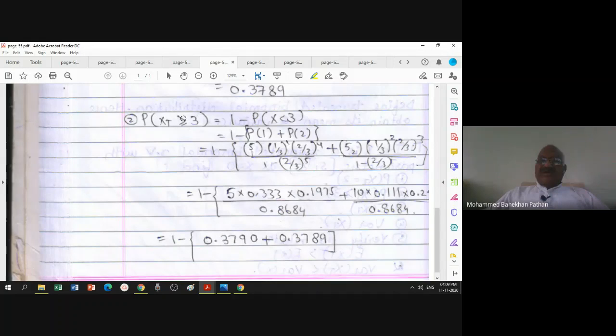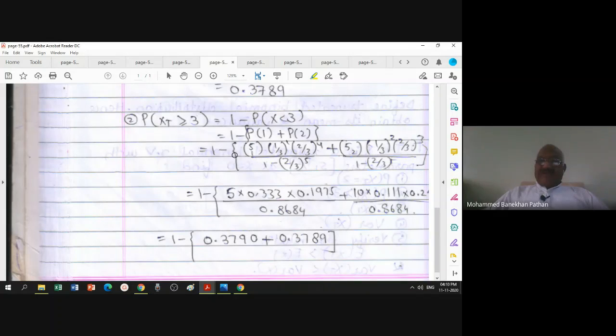It is greater or equal here, so the complement will be smaller, strictly less than 3. So I want 1 minus probability that x takes value less than 3. For the truncated variable, only 2 numbers come. Calculations are reduced, so I will use the complement theorem.